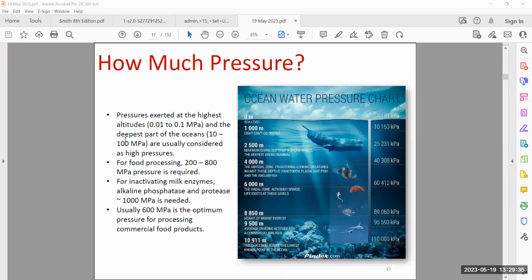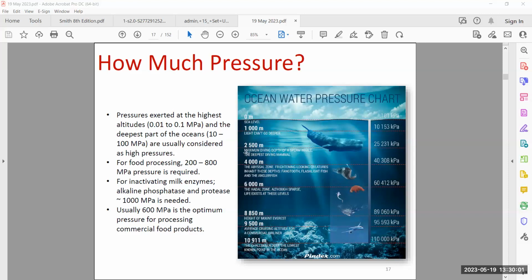So how much pressure? The pressure exerted at the highest altitude and the deepest part of the ocean is considered high pressure. But for food processing, 200 to 800 megapascal pressure is required. 200 and 800 is somewhere around here, between here and here.